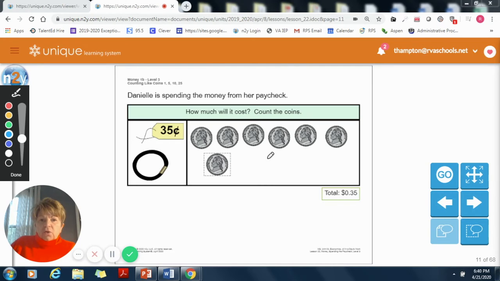Or we could take 5 times what? 7 equals 35. So a very quick way to do that counting money. Remember, we started with multiplication last week.